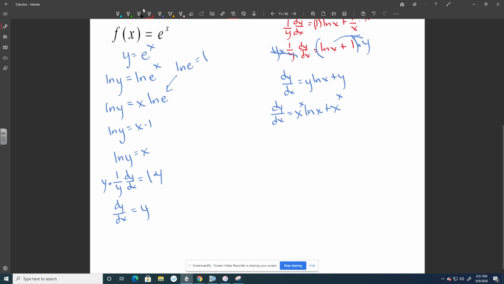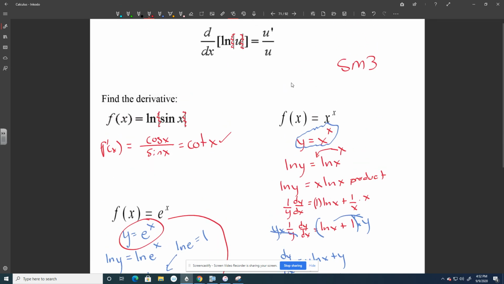And here's where this is really cool. y is equal to e to the x. So if I plug that in, the derivative is just e to the x. So the derivative of e to the x is itself. It's just e to the x. Let's hope that one comes up on the AP test for you. It's its own derivative. That would be nice, right?